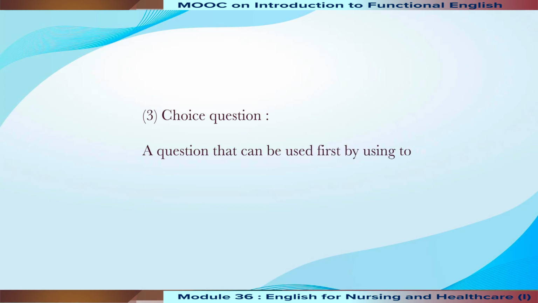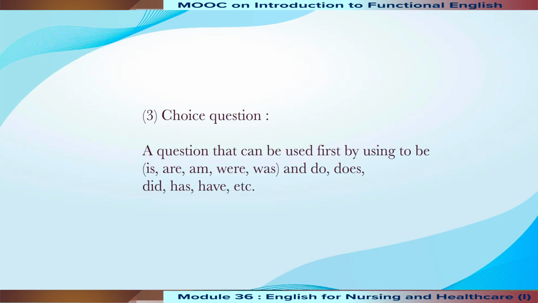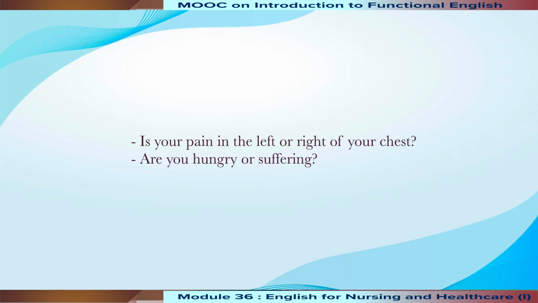Next we have choice questions. A question that can be formed by using to be: is, are, am, were, was, and do, does, did, has, have, etc. Is your pain in the left or right of your chest? For example, are you hungry or suffering?